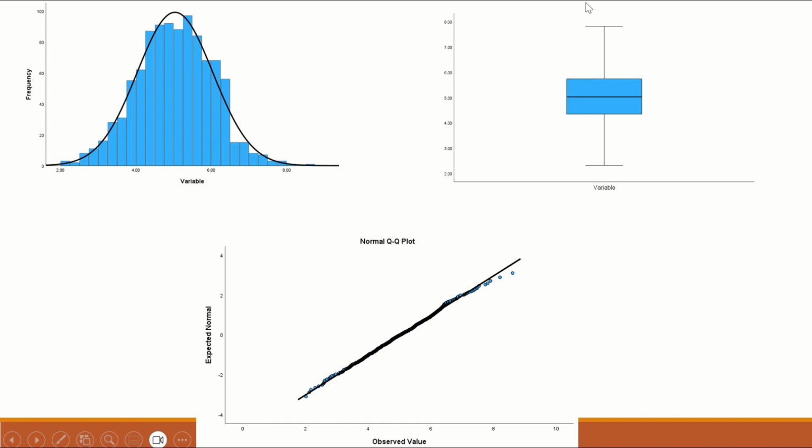For the box plot, as shown here, this is the lower limit, the upper limit for the data, and the box in the middle with a line in it can be the median or the mean, and the lengths of the whiskers should be equal. That indicates normality of the data. And the third plot, the QQ plot, shows blue circles that should be aligned on the diagonal line, and that indicates normality of the data.